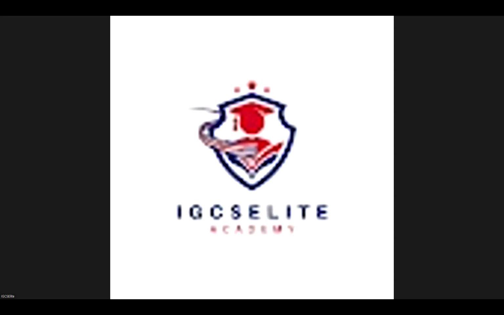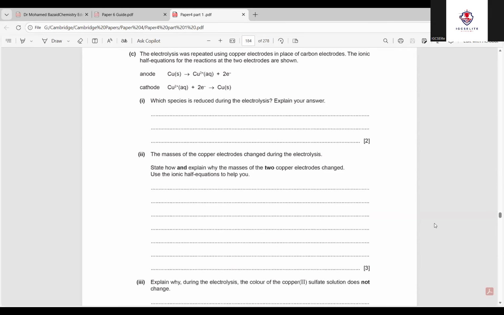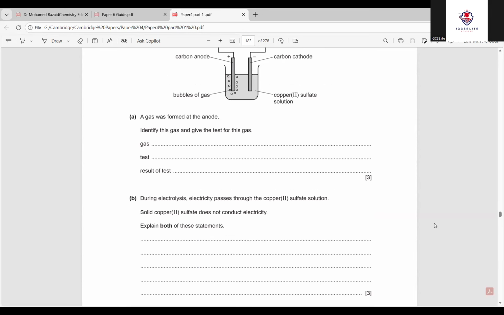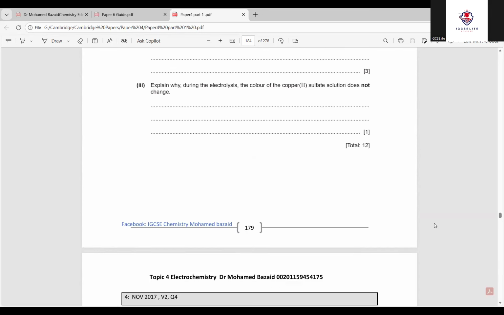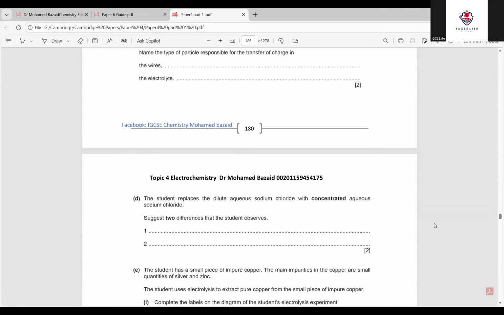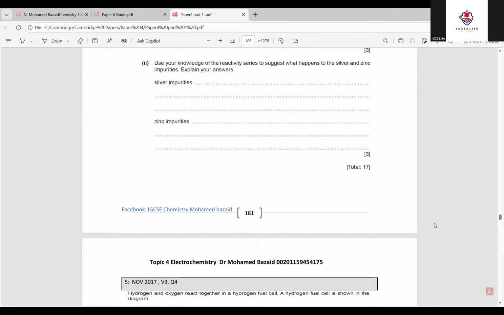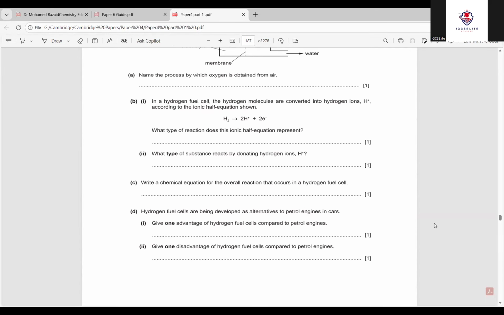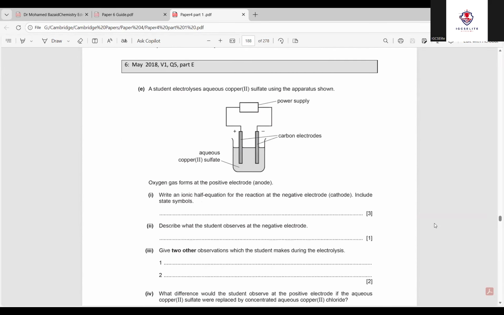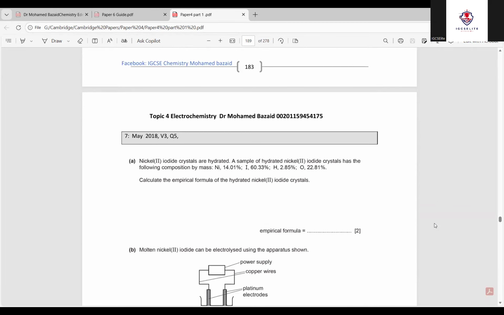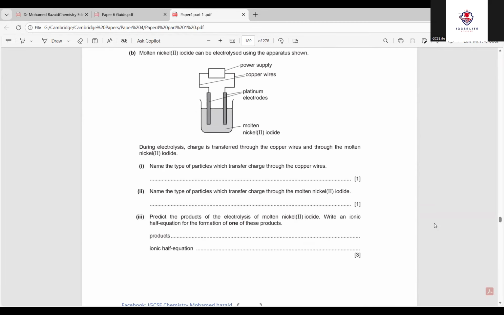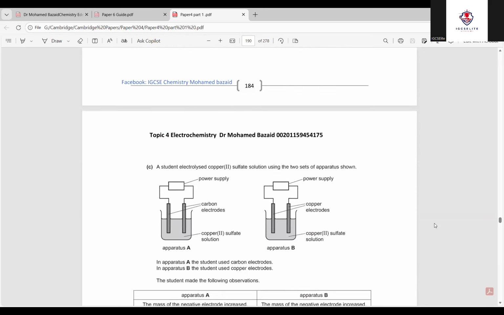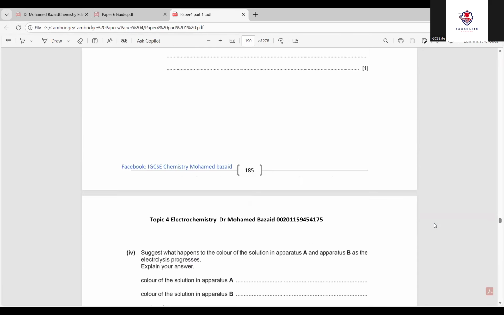Put in your mind, platinum is a metal electrode. Graphite is a non-metal electrode. It depends on the question. Some questions ask about the metal electrode, so you have to write platinum. Some questions ask about non-metal electrode, so you have to write graphite. Some questions don't mention it, they just ask about the electrode.